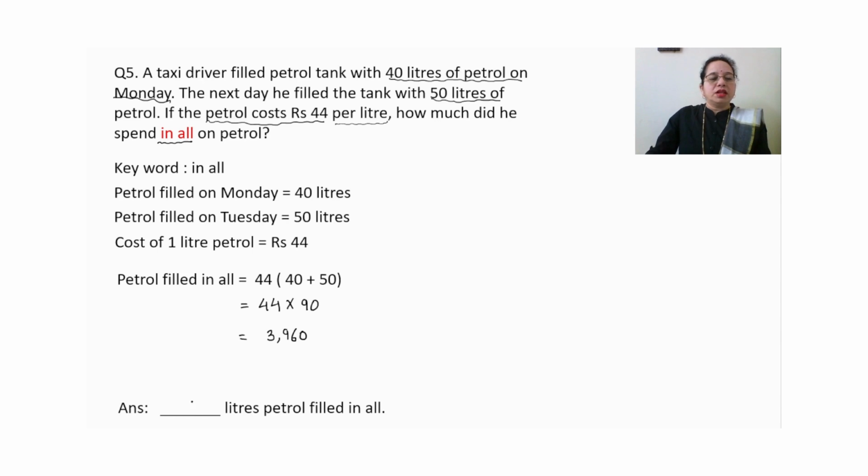So write down answer in full sentence. Petrol filled in all. How much did he spend in all? So money spent, it should be money spent. So answer should be in rupees.